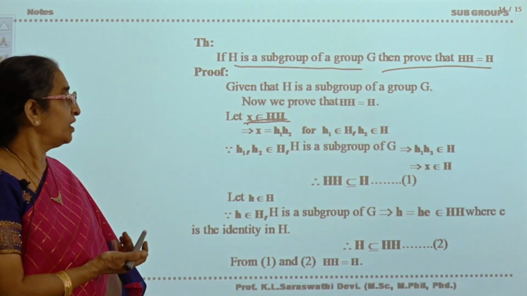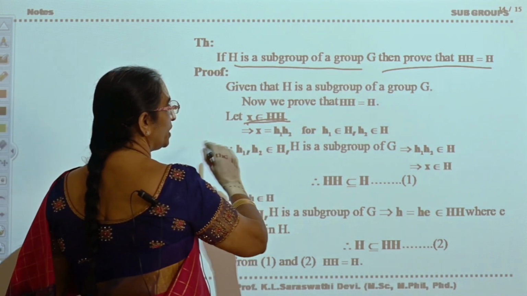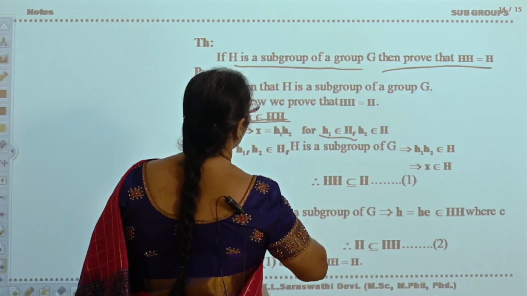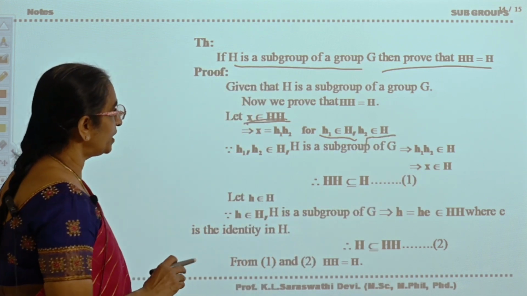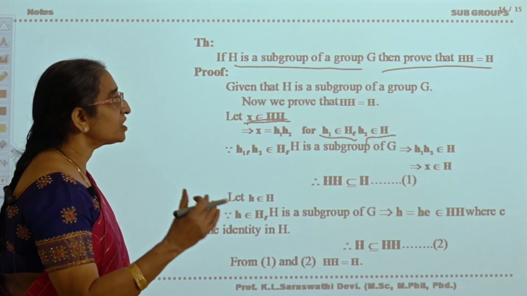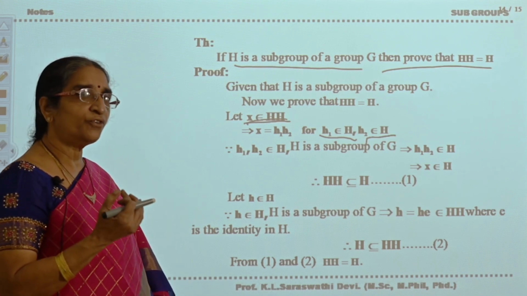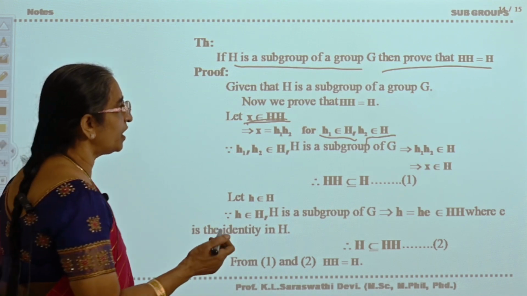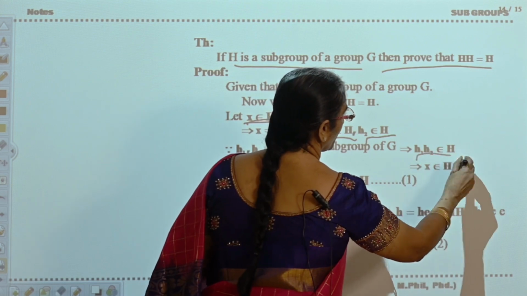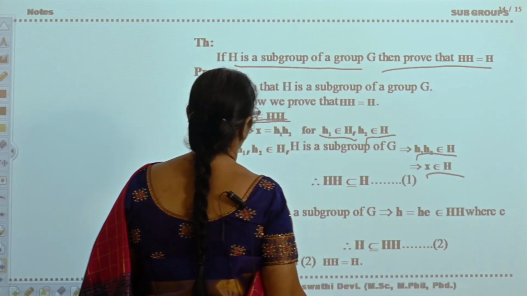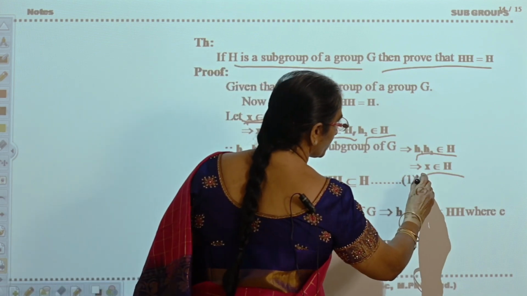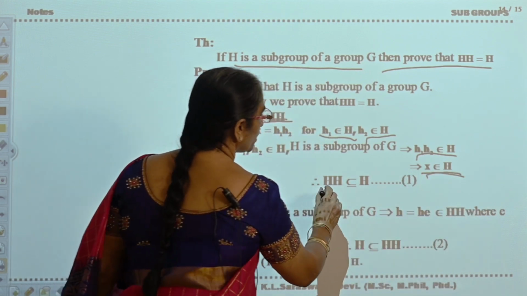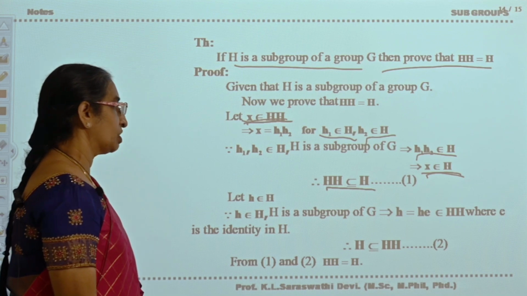Now, x is equal to h1 h2, where h1 belongs to H, h2 belongs to H. But h1, h2 belong to H, and H is a subgroup of G. Therefore, the product of those two elements also belongs to H by the closure property. Therefore, x belongs to H. Where you have taken x belongs to HH, you got x belongs to H. Therefore, HH is a subset of H.